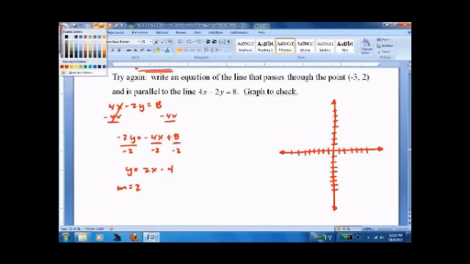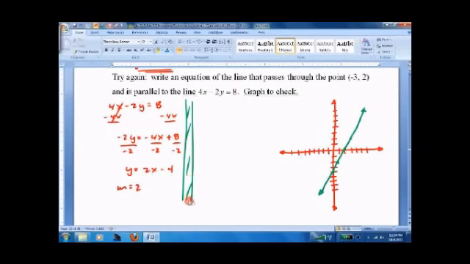That's our original line, 2x minus 4. 1, 2, 3, 4. Up 2 over 1. Up 2 over 1. And now, let's go find our parallel line.